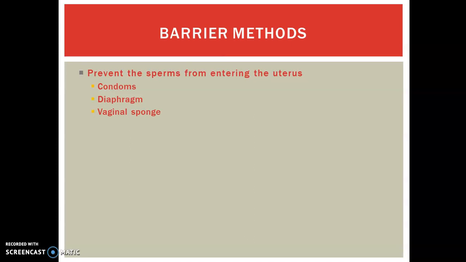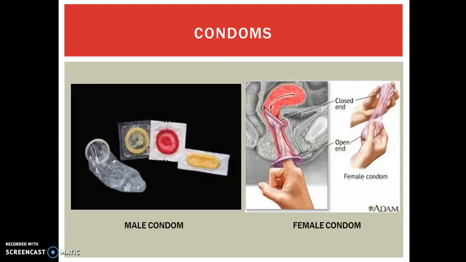If the entry of sperm into the uterus can be prevented, fertilization and subsequent pregnancy can be prevented. There are different barrier methods, which include condoms, diaphragm, and vaginal sponge.